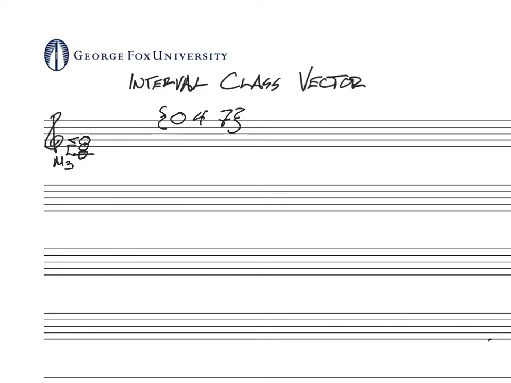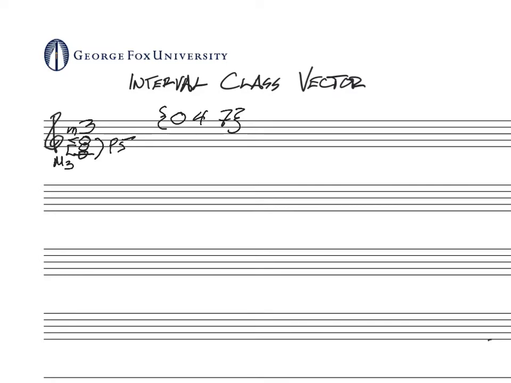Between the third and the fifth, there's a minor third. And between the root and the fifth, there's a perfect fifth. Okay? So we can express that as 3 intervals, 4 half steps and 7 half steps.